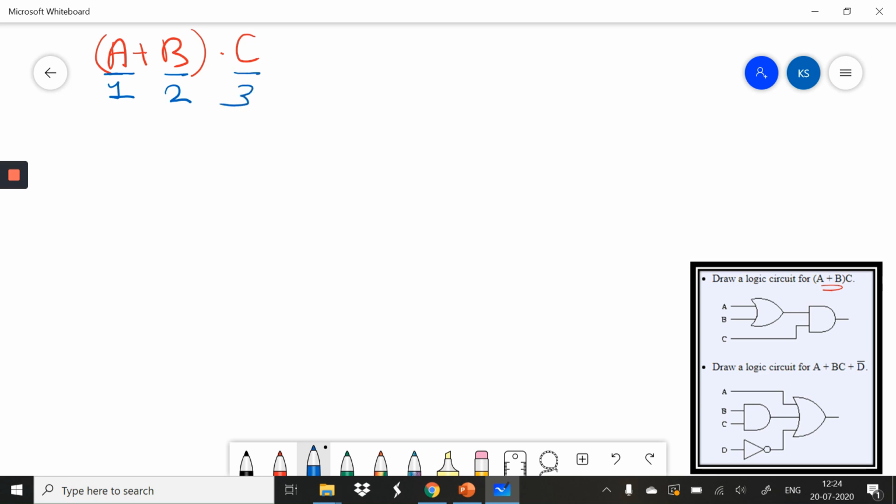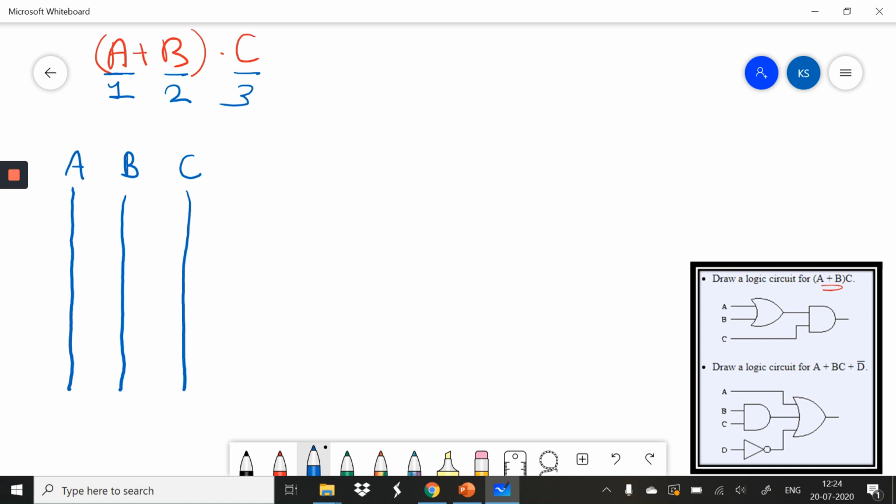From the given variables we decide our input lines. So let's draw the input lines first: A, B and C. So here we have 3 inputs, that is 3 variables, and 3 input lines A, B and C.